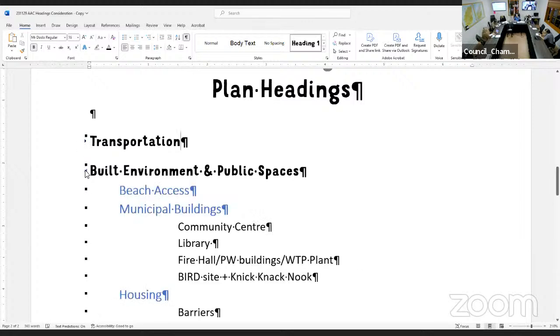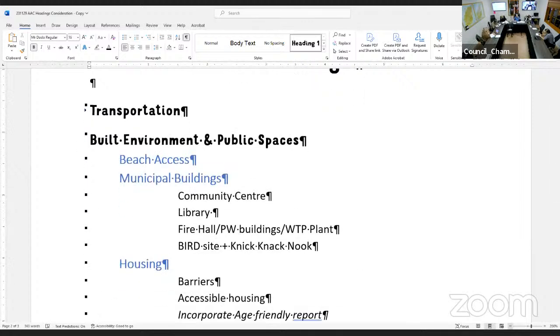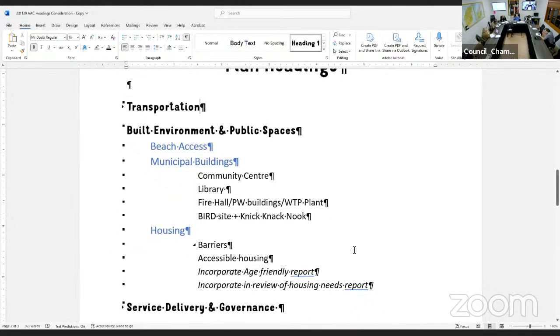One idea could be that we make a table in a Word document, and the first column is the headings. Then maybe there's a second column with subheadings, and a third column which is blank.